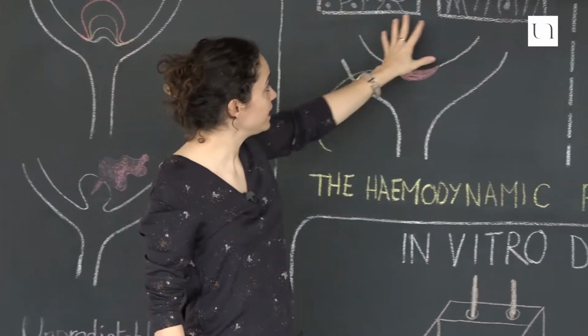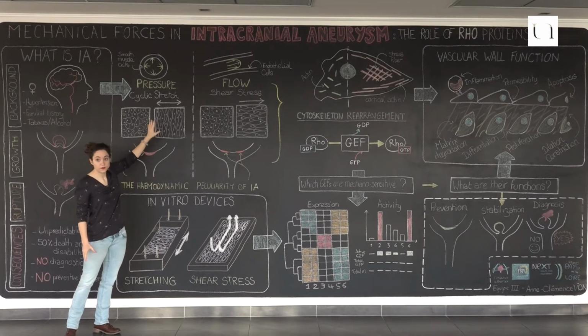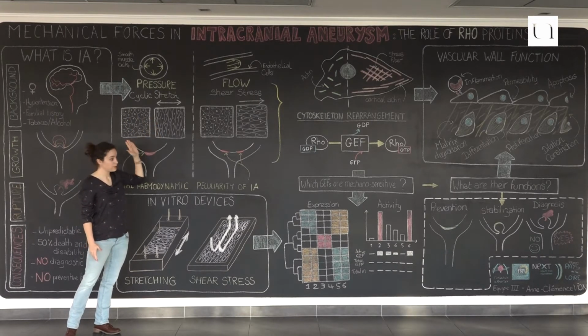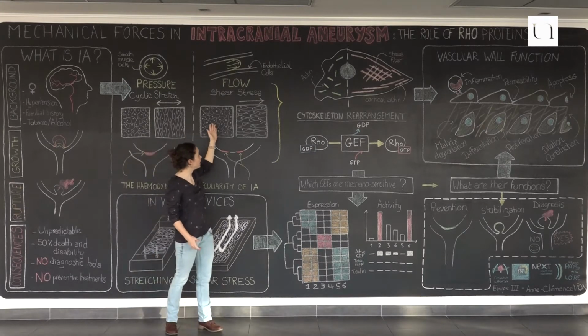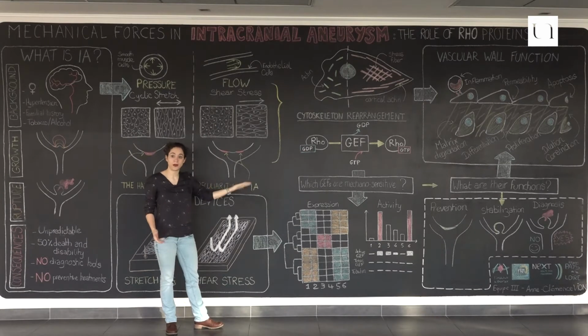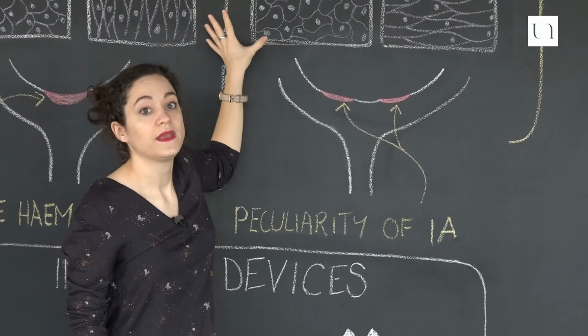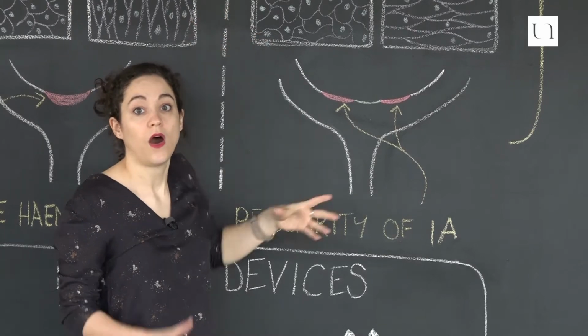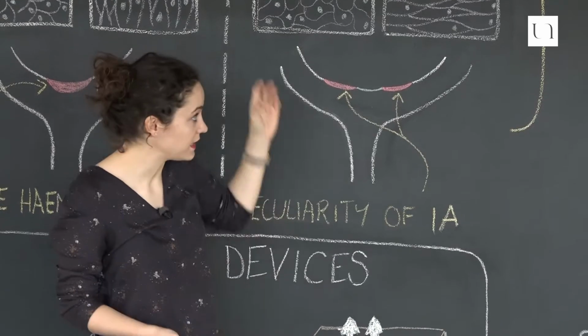actually, as you can see here, under physiological conditions, smooth muscle cells react to this stretch by becoming perpendicular to the stretching direction, and the endothelial cells tend to orient parallel to the flow direction. And this reaction is possible because these cells have a lot of mechanosensor molecules at the surface and within the cells.